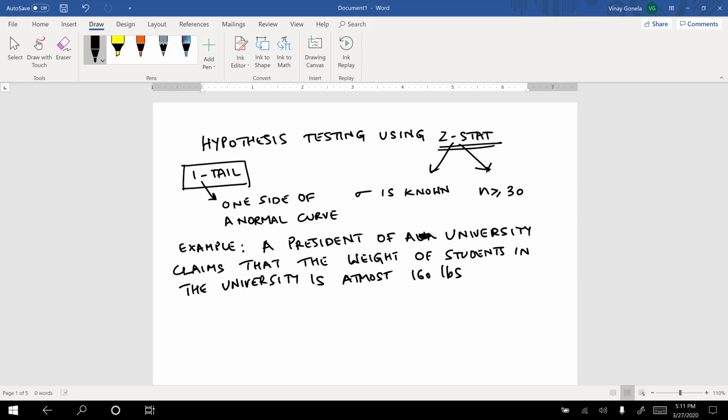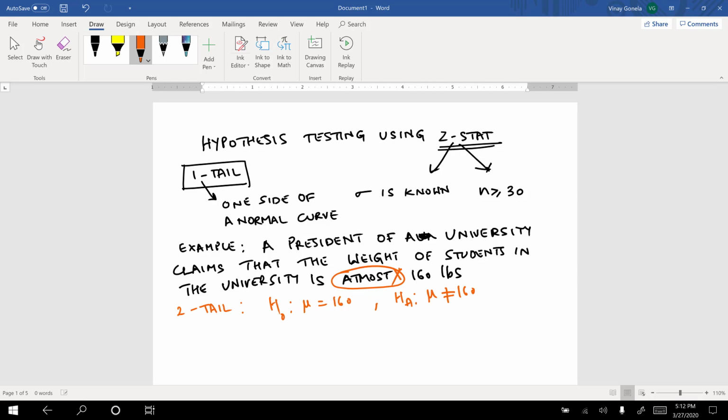We did the same problem in two tail. The difference between one tail and two tail is this "at most." In two tail, "at most" was not there, so it was exactly equal to 160. When "at most" was not there, our null hypothesis was mu is equal to 160 and alternative was mu not equal to 160.